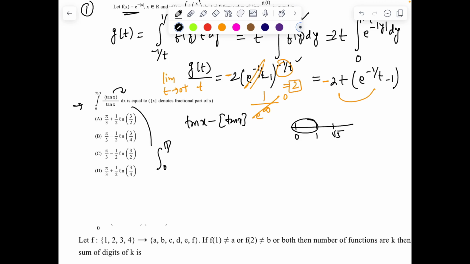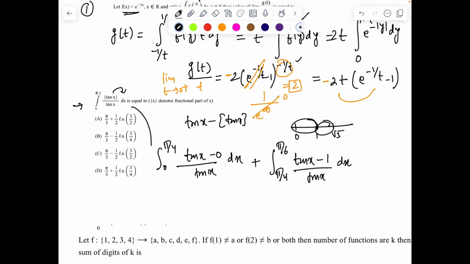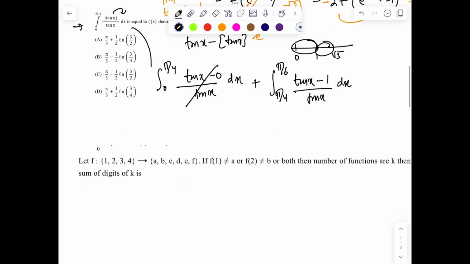So in 0 to 1, this integral can be written as 0 to pi over 4 of 10x minus the greatest integer of 10x, which is anyway 0, over 10x dx, plus pi by 4 to pi by 6, which is 1 to root 3, of 10x minus the greatest integer of 10x in this interval, which is 1, over 10x dx. So it was an easy one because this becomes 1 dx.